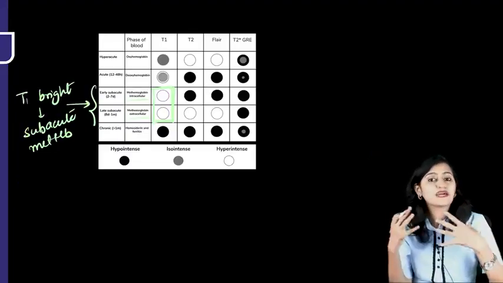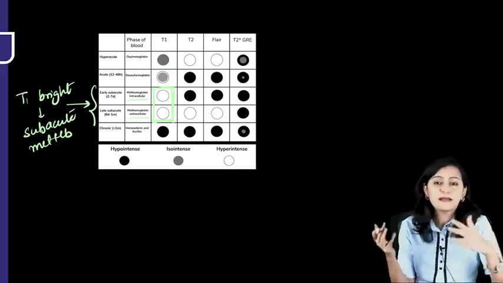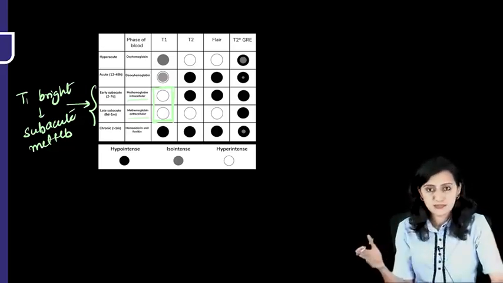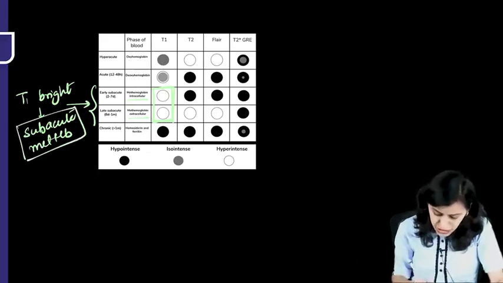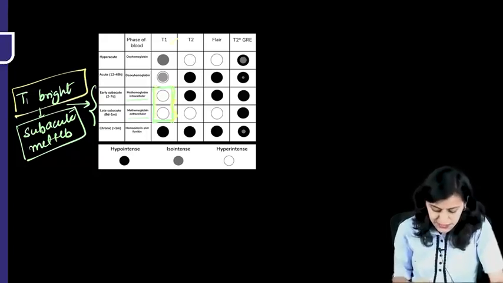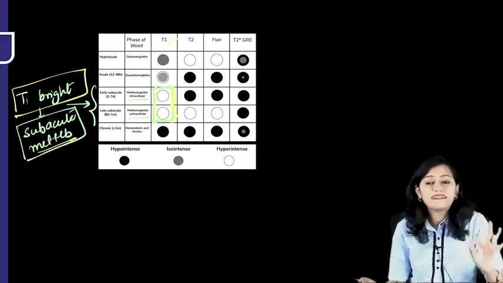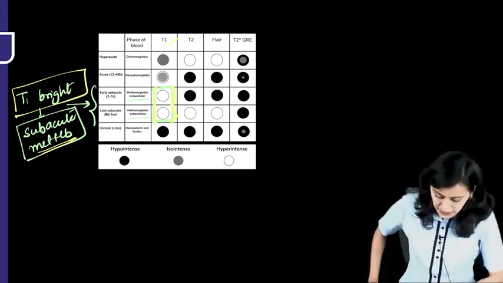In MRI, we can also do the dating of the hemorrhage, whether it is acute, subacute, or chronic, based on its appearance on T1 and T2. Remember that it is the subacute hemorrhage which appears T1 bright, because of the presence of methemoglobin.